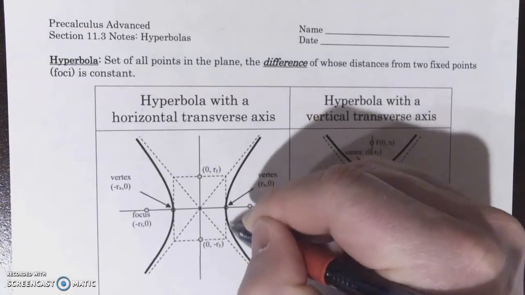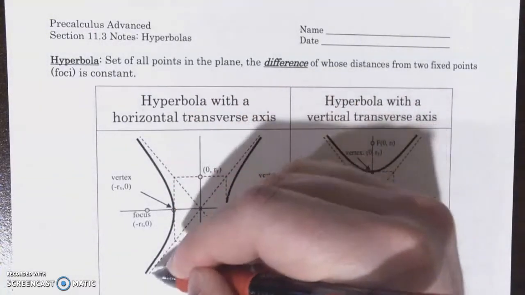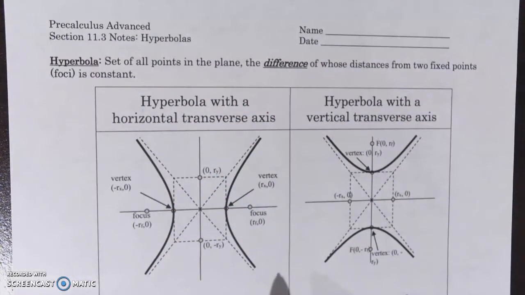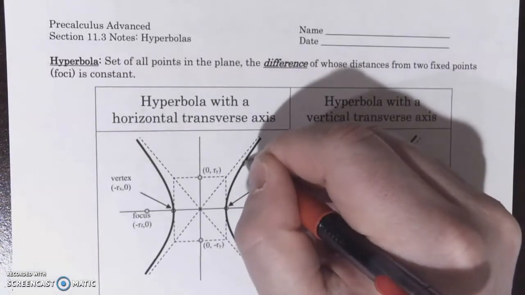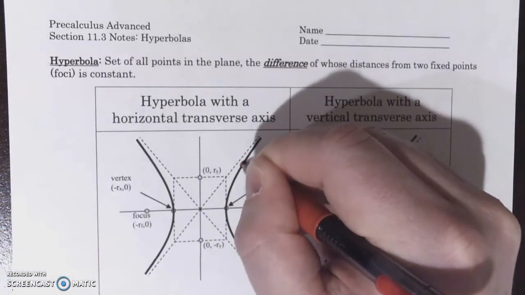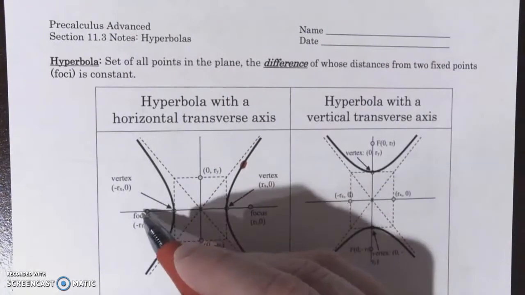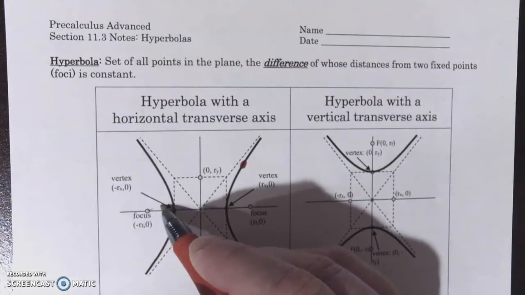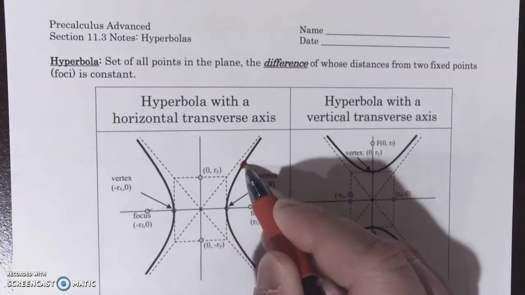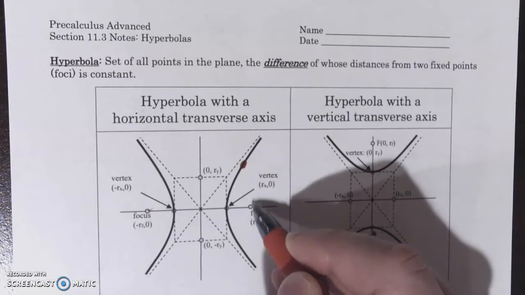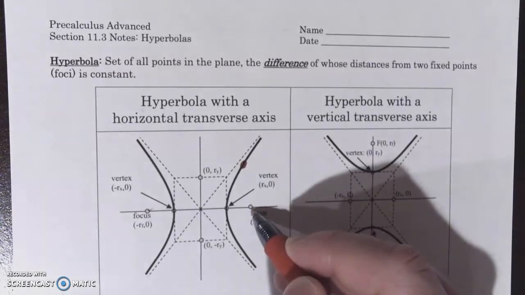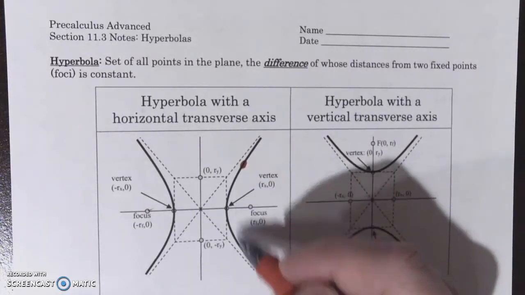Every one of the points on this hyperbola, okay, you will see that a hyperbola looks like two parabolas back to back against each other, okay, obviously with some space in between. But every one of the points, including the one I'm drawing here in red, okay, the distance from this focus subtracted with the difference from here to this focus would be the same as any other point I would select.